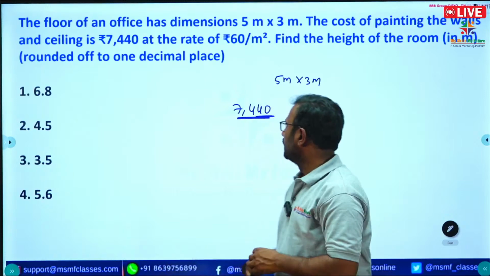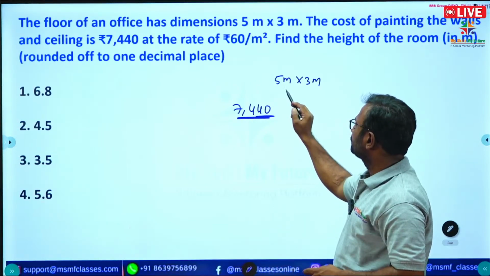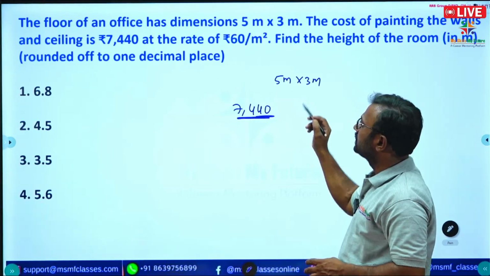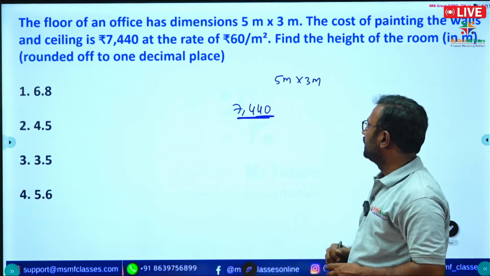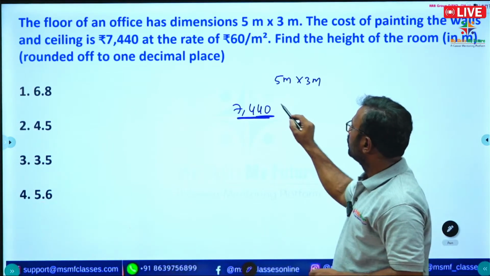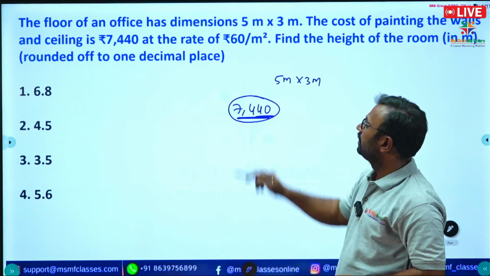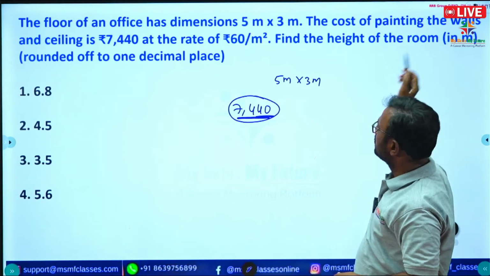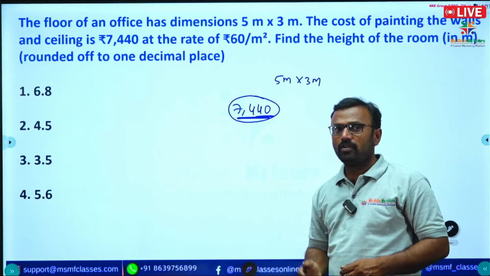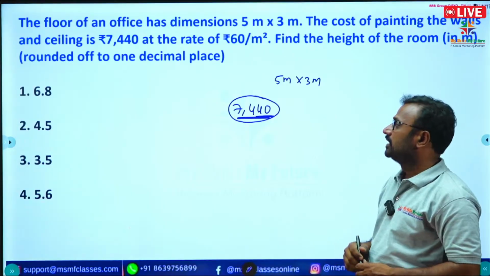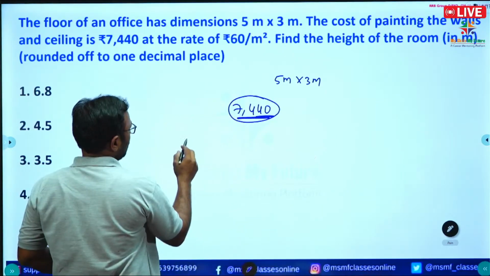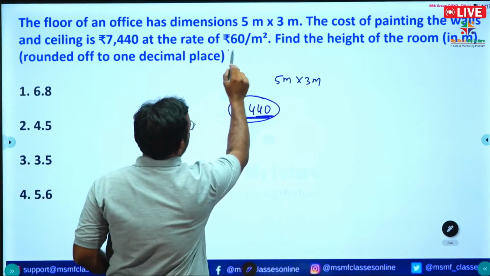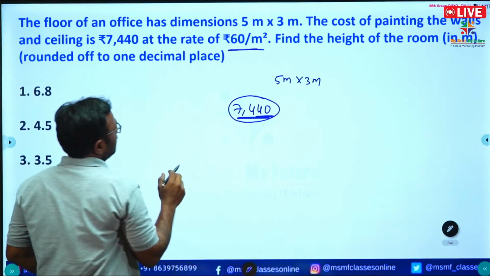Okay, right. See, they have given the floor dimensions, that is 5 meters and 3 meters, and they have given the total cost of painting for walls and ceiling. Okay, the two side walls and ceiling. So the cost per meter square is 60.